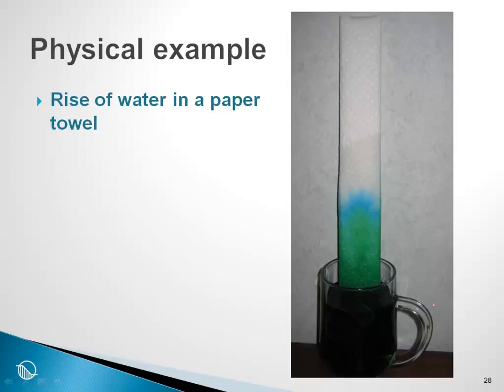We can illustrate these concepts a little bit further with a very simple experiment. If you take a paper towel and wrap it around something like a ruler, and you put the paper towel in a cup of water, and maybe the water has some food coloring in it, such that we can see the water in the paper towel. As you all know, the paper towel is very absorbent and water will rise in the paper towel.